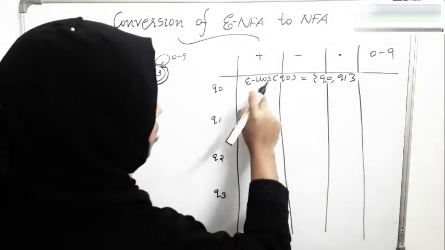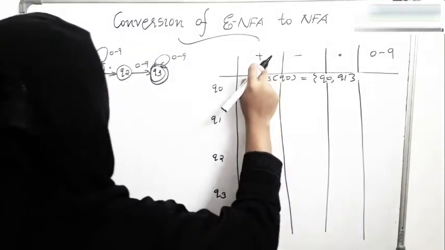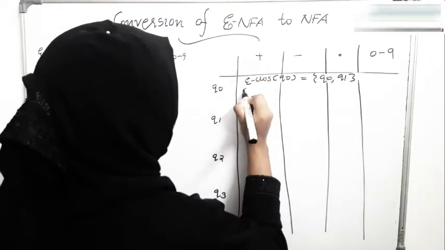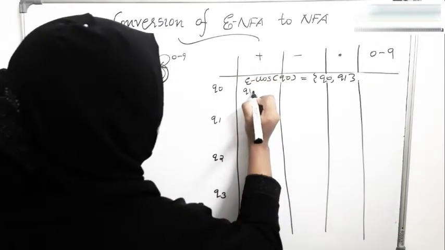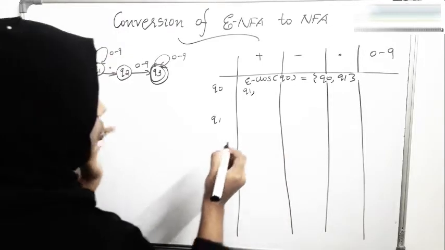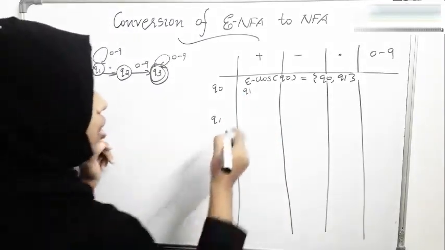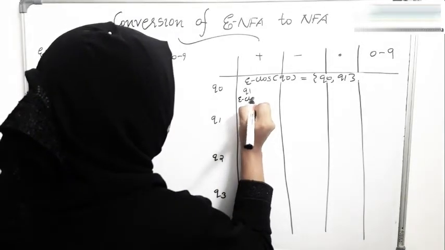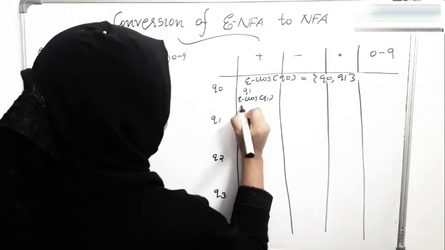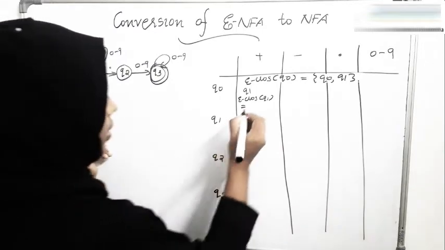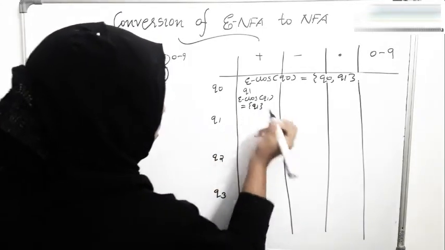Now you have to apply: Q0 plus is Q1. Q1 plus is not defined, so that is empty. So the only answer is Q1. So you have to take E close of Q1. E close of Q1 is Q1 itself. So Q1 is the answer here.